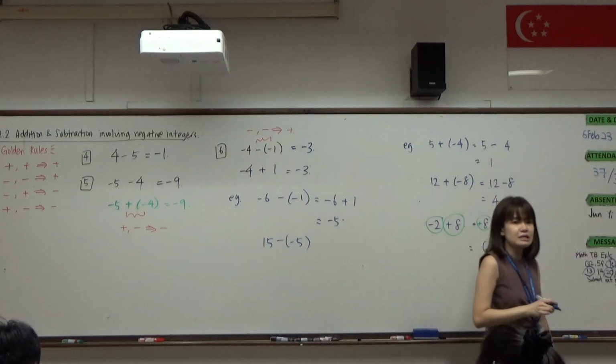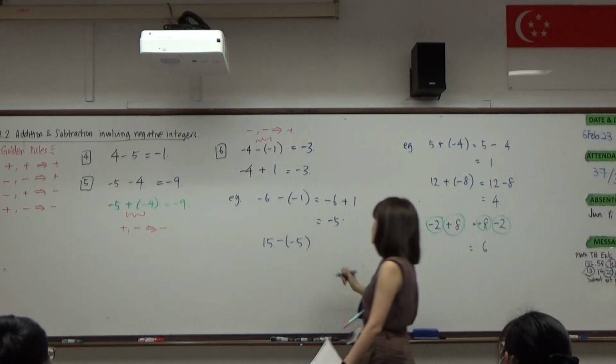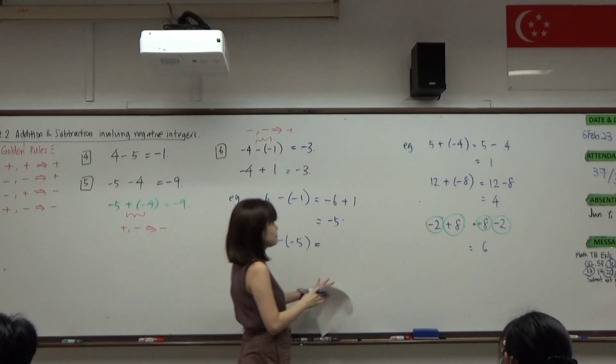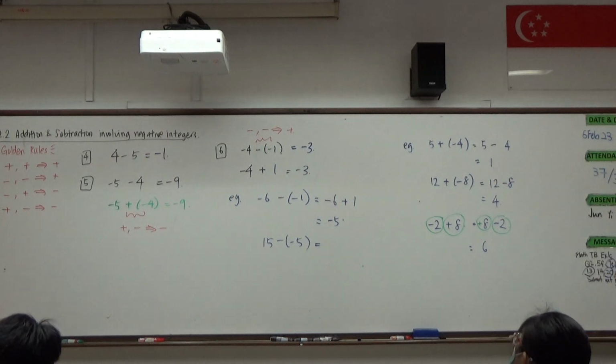What about 15 minus -5? How do I simplify it first? 15 minus negative 5. Minus and minus becomes a positive.